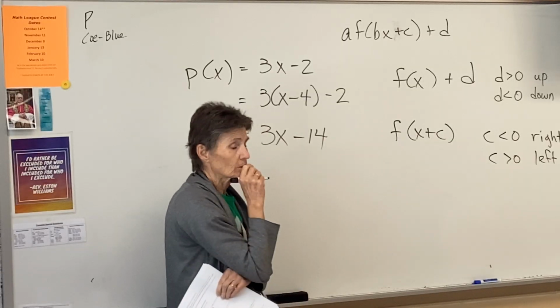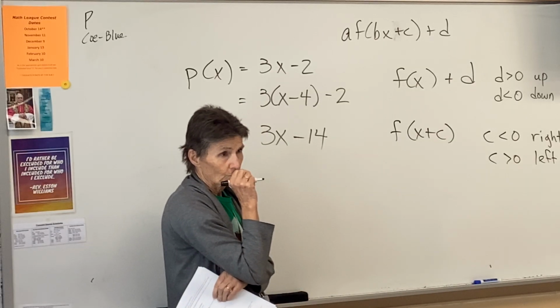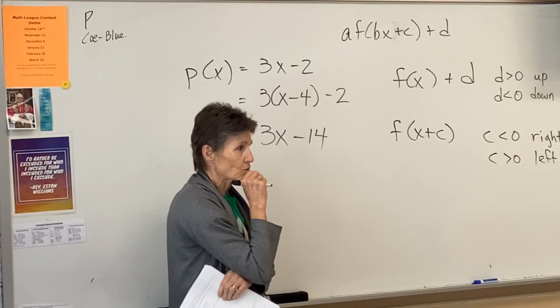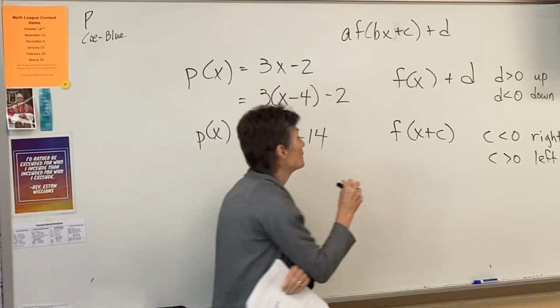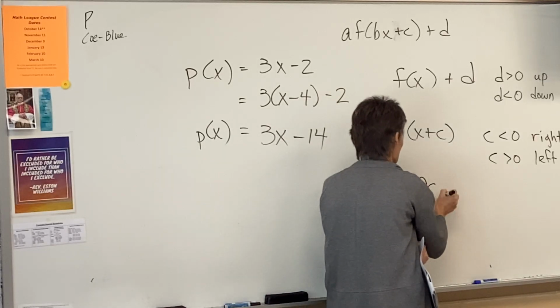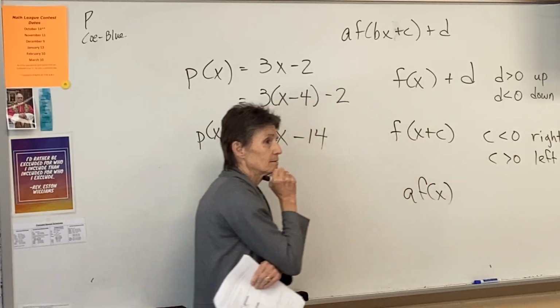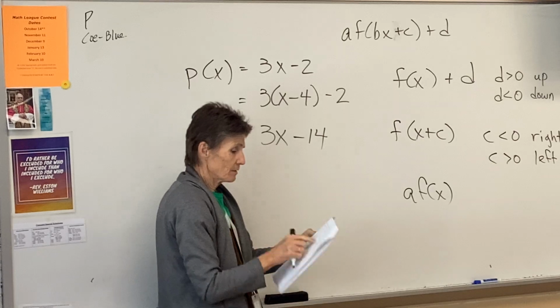How do we do a vertical dilation? A dilation, remember, is just a stretch or shrink. How do we accomplish that? So we'll put a number out in front like that. And what are the characteristics?